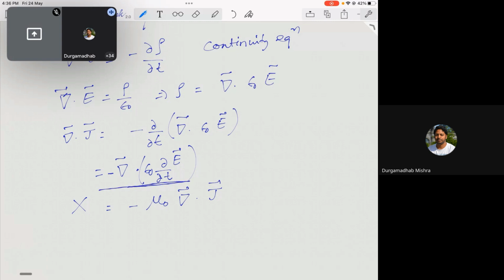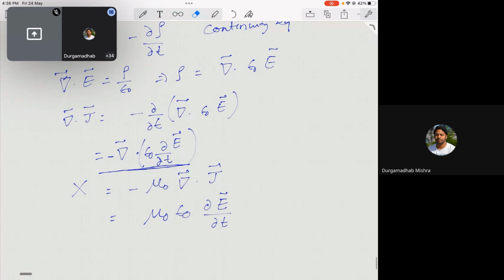If I write x is equal to minus mu naught epsilon naught del E by del T, okay, not minus, but it should be plus, because the minus sign will be inherent there.